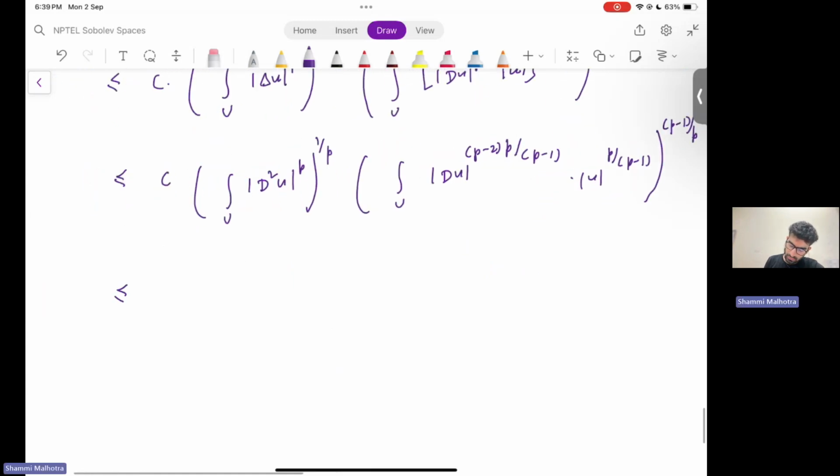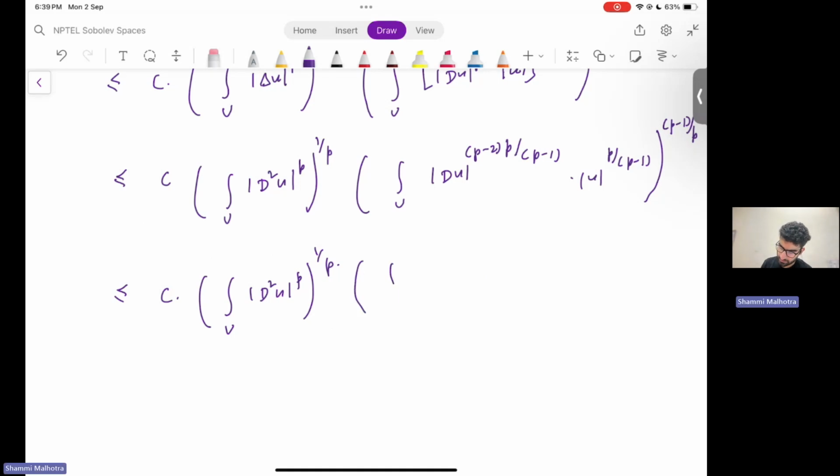It is further less than or equal to c times D2u to the power of p, the whole to the power 1 by p. Again, we apply Hölder inequality with the exponent p minus 1. So p minus 1 is greater than or equal to 1, which is equivalent to p being greater than or equal to 2. So we can again apply Hölder inequality.